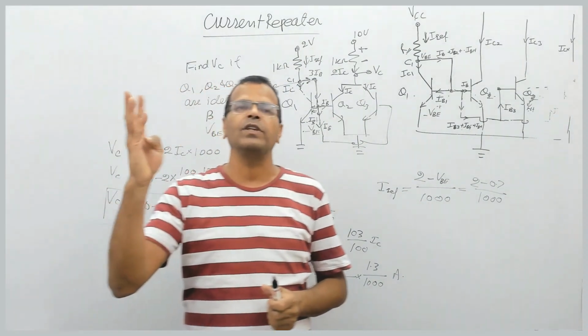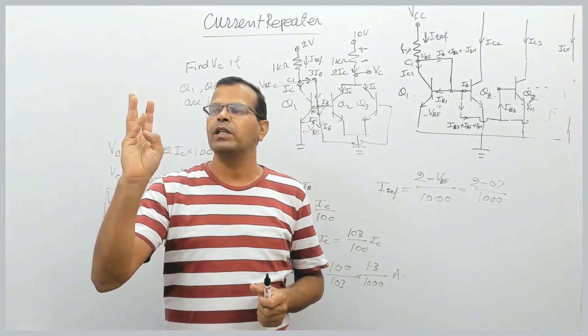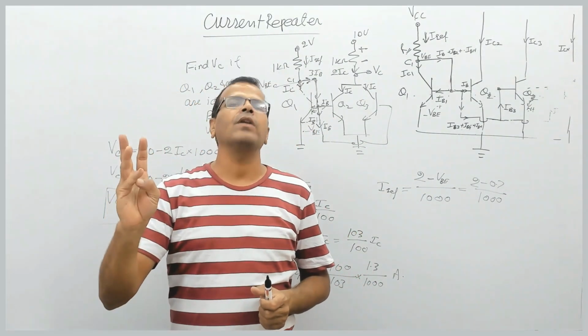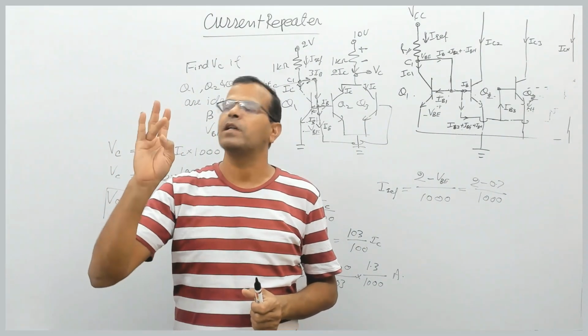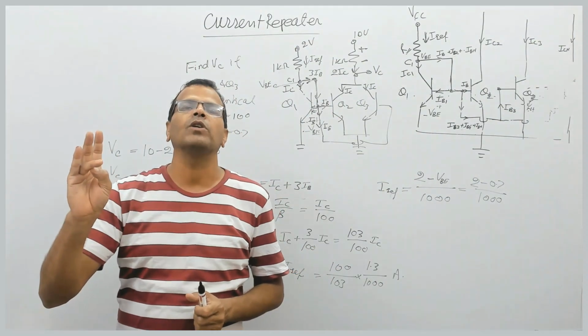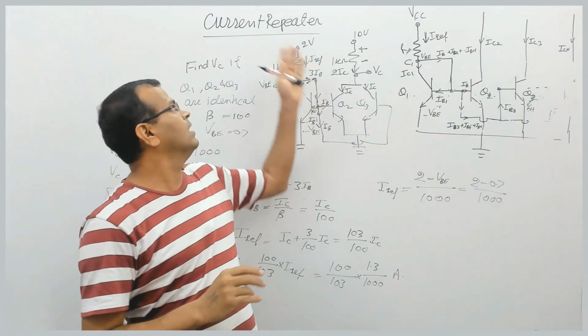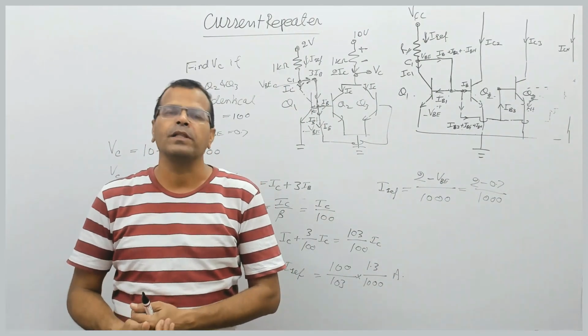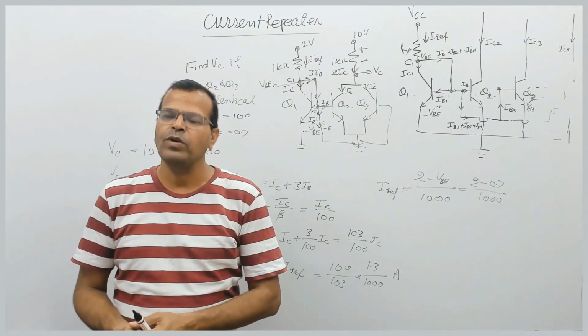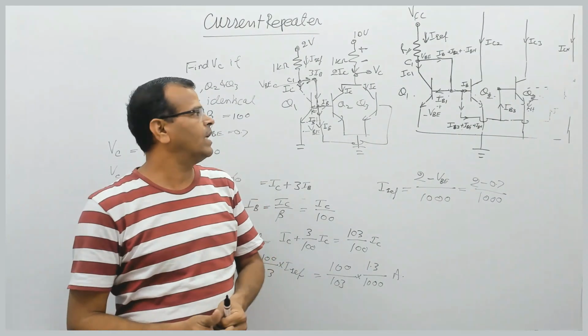We discussed the cascade connection, the Darlington pair, the cascode connection, then current mirror using BJT, current mirror using MOSFET, then Widlar current source, and the current repeater. These are the circuits which are placed in compound circuits. So that finishes the chapter.